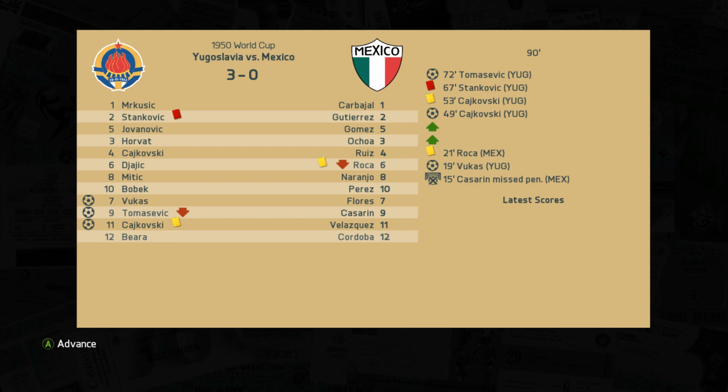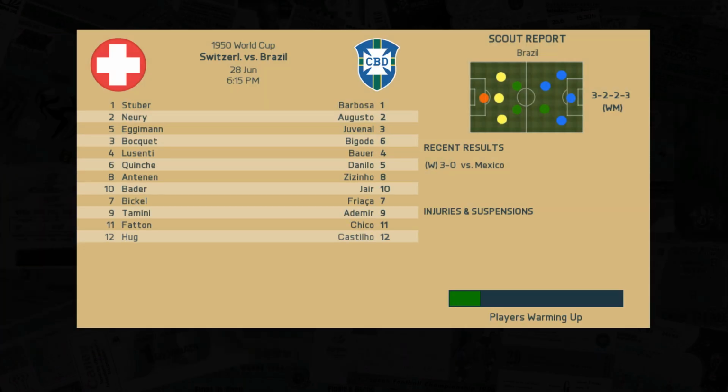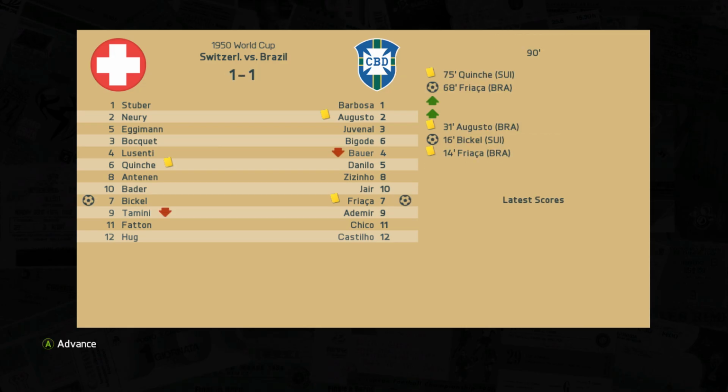Mexico missed a penalty. And a Yugoslavia player's got a red card. Switzerland against Brazil. One each.